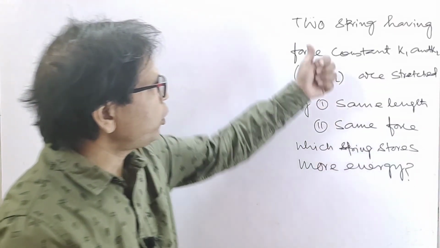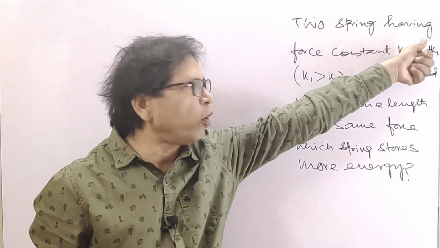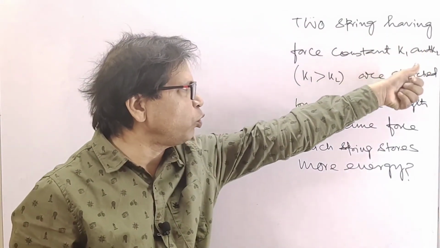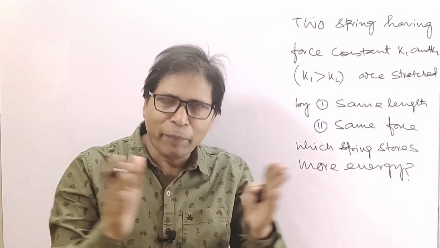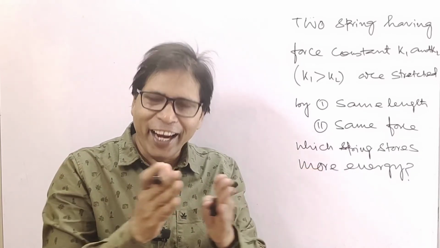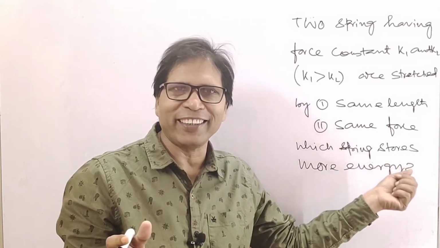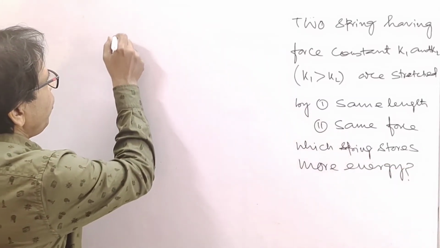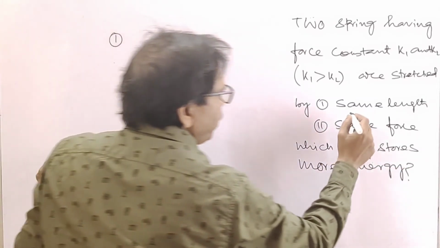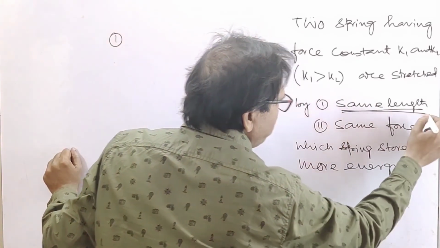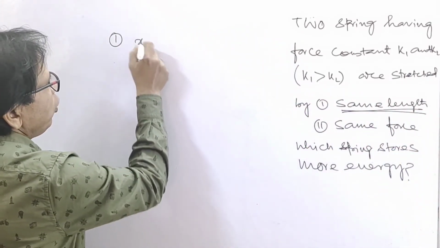Look at these two springs having force constants k1 and k2, stretched by the same length and the same force. Which spring stores more energy? Now numerical 1. Suppose the increment of length in each spring be x.